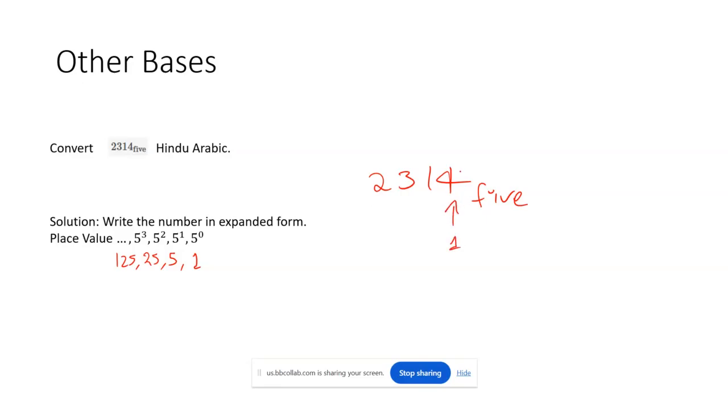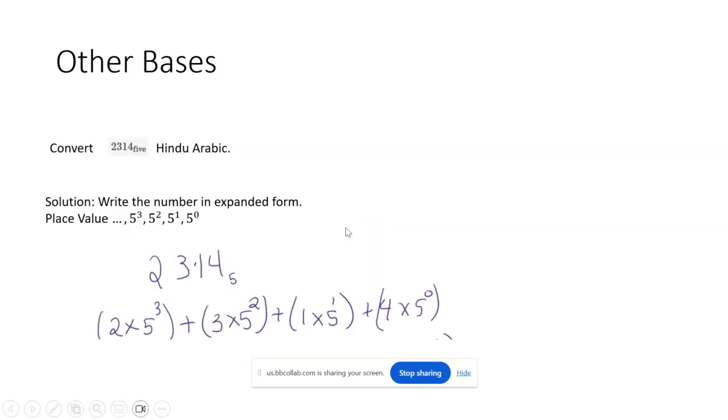So this would be the place of the ones, this is the fives, this is the 25s, and the place value of this last one is 125. So on the expansion, what I'm going to do is multiply each digit by its place value.